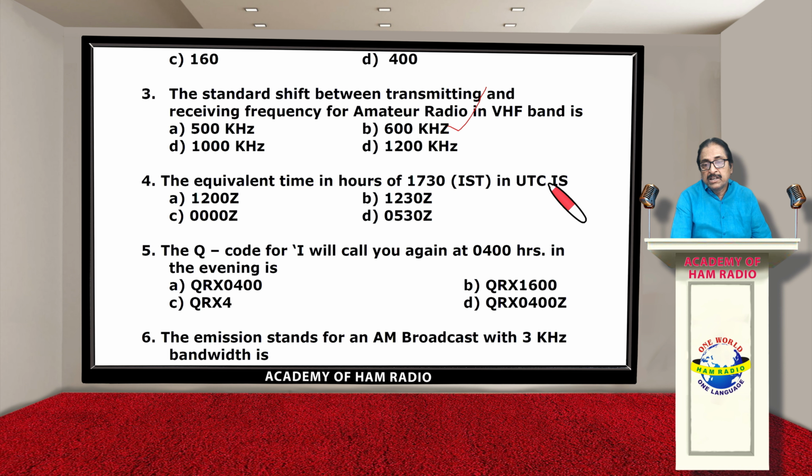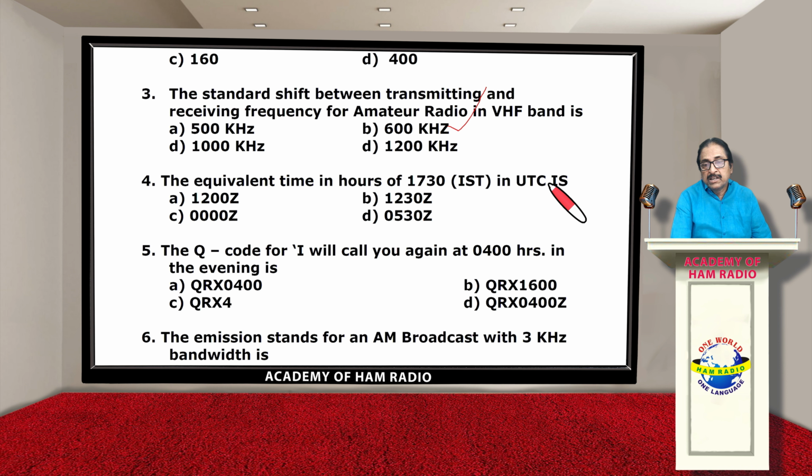This type of transmission is meant for TV transmission. Vestigial means it is only a part of the sideband, not the full sideband, the remaining sideband. So you need to remember C3F means vestigial sideband transmission.